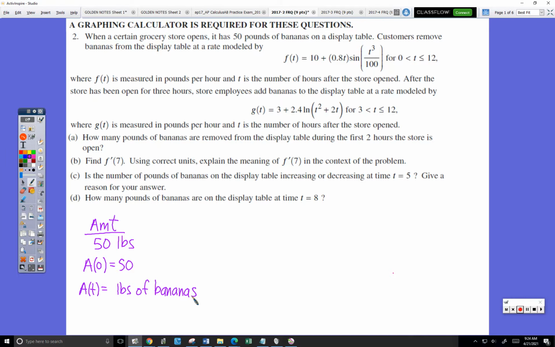Customers remove bananas from the display table. Read slow and careful. Remove at a rate modeled by F. So F is the out rate, my outgoing rate, the rate at which bananas leave.